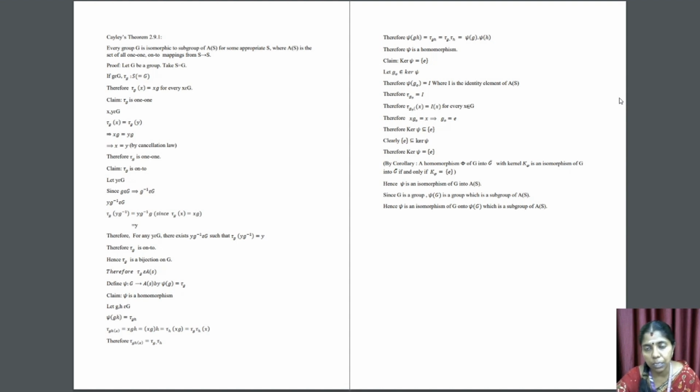Next, our claim is kernel psi equals singleton {e}. Why our claim is that, we see later. Let g0 belong to kernel psi.